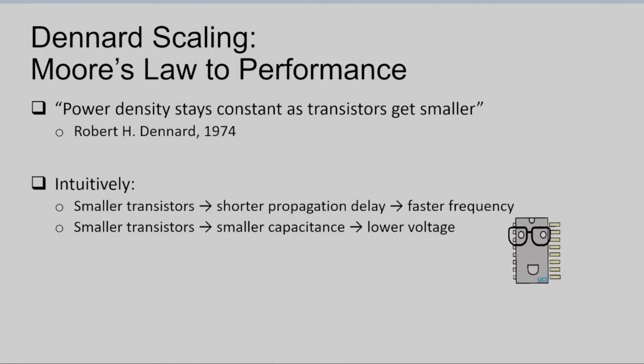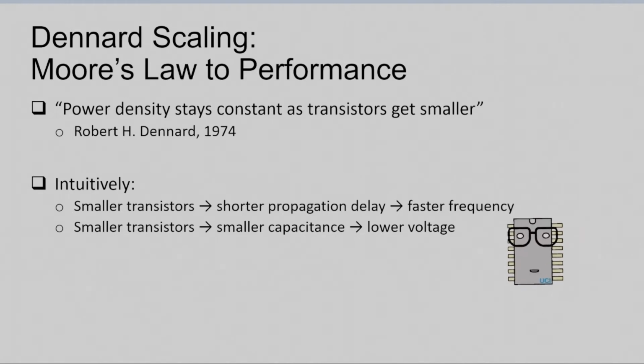On the other hand, at least for a while, smaller transistors also meant smaller capacitance per transistor. Smaller capacitance means that we can afford to have a smaller supply voltage while maintaining the same clock frequency.